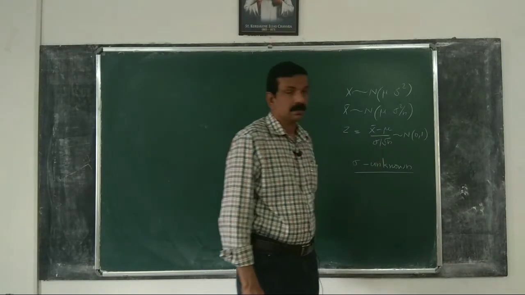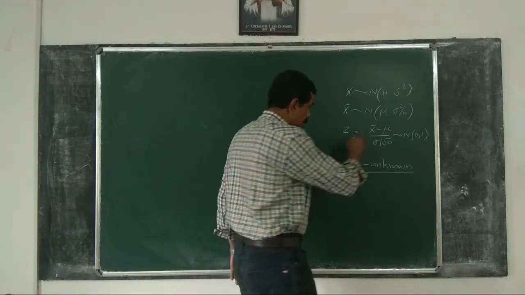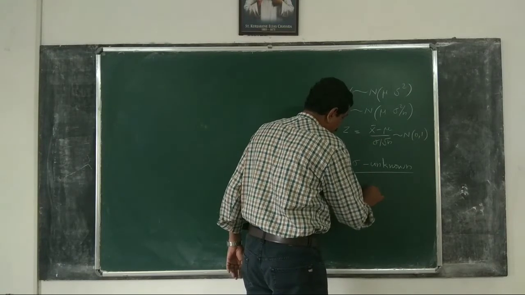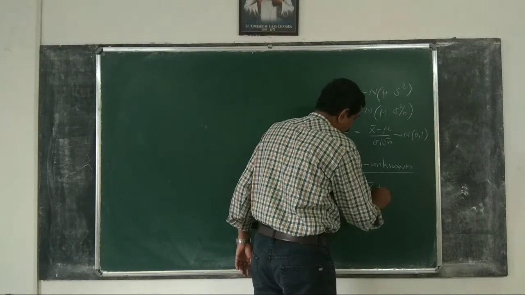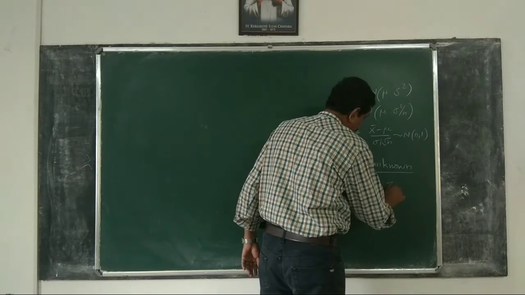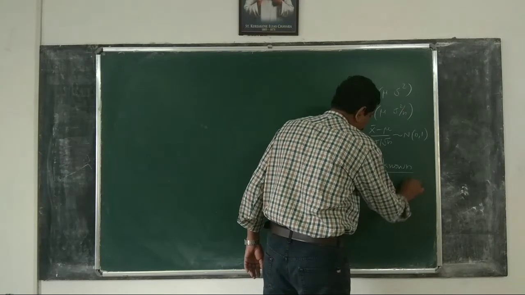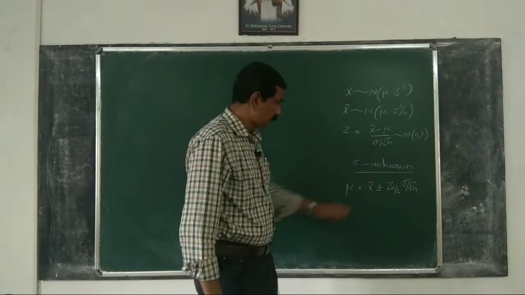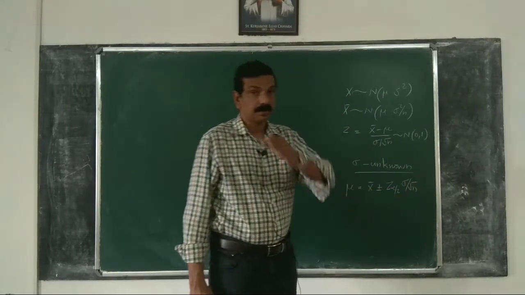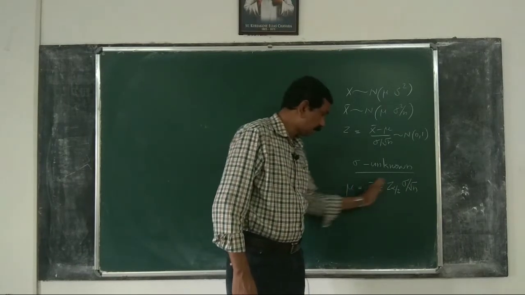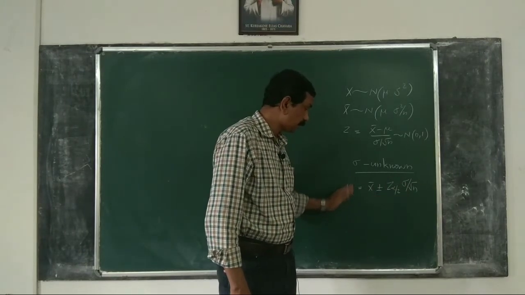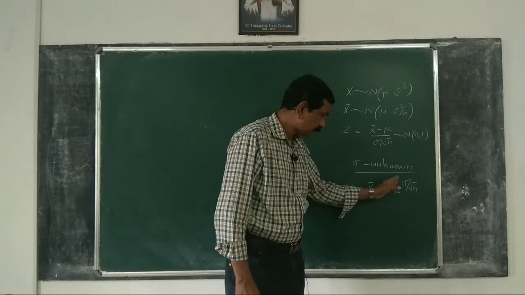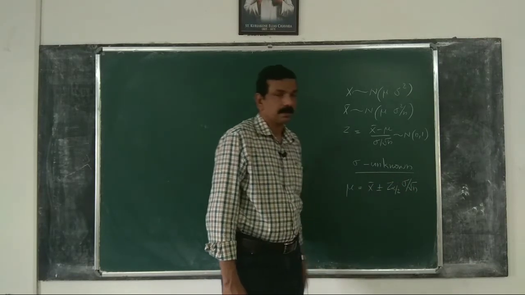confidence intervals using Z. In the previous class, the confidence interval for mu was x bar plus or minus Z alpha by 2 sigma by root n. If alpha is 5%, we have the 95% confidence interval for mu as x bar plus or minus Z alpha by 2 sigma by root n.